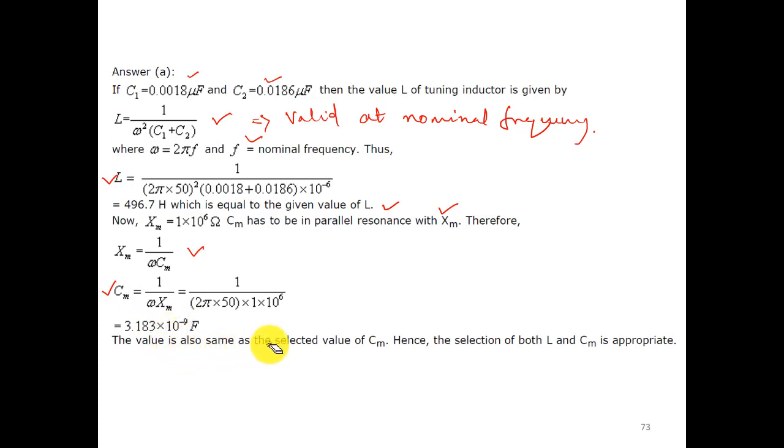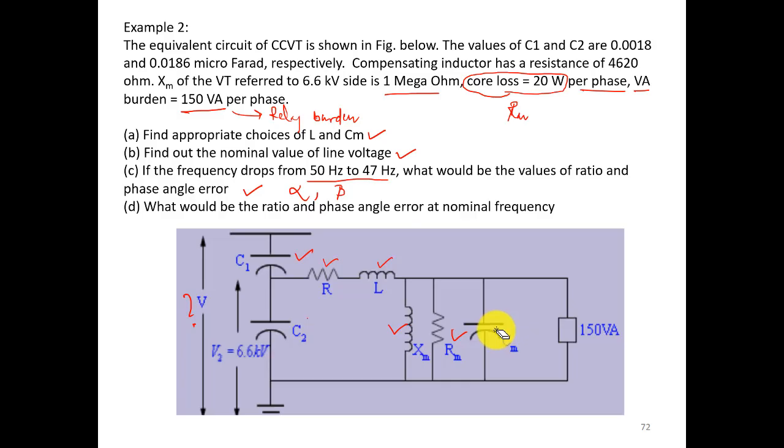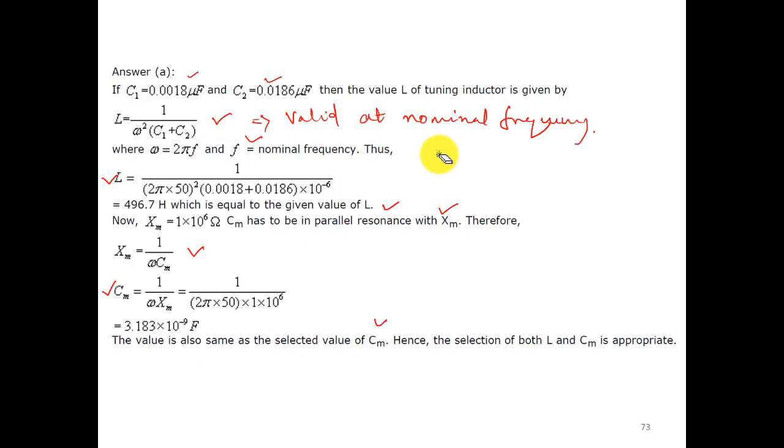The value is the same as the selected value of Cm, hence the selection of both L and Cm is appropriate. Cm is not given, we need to find it in fact.